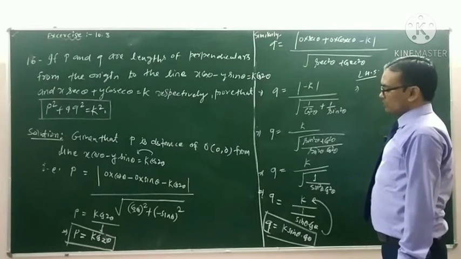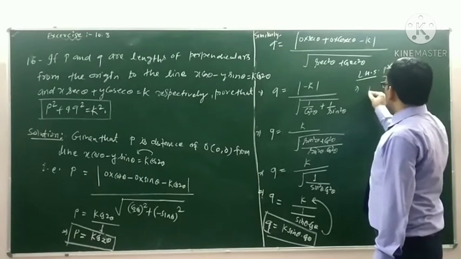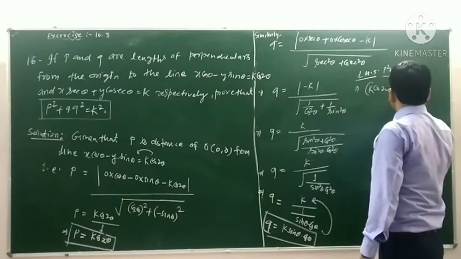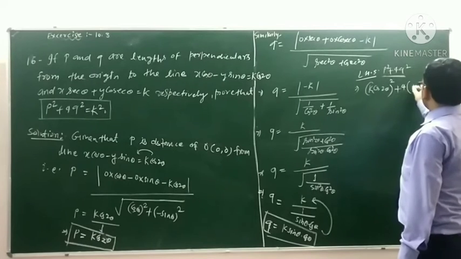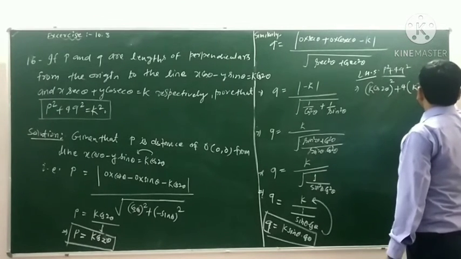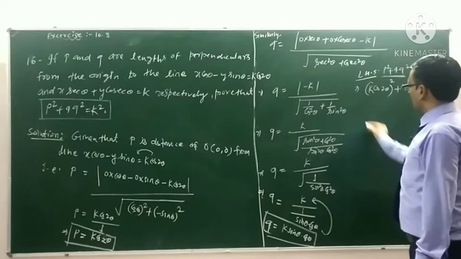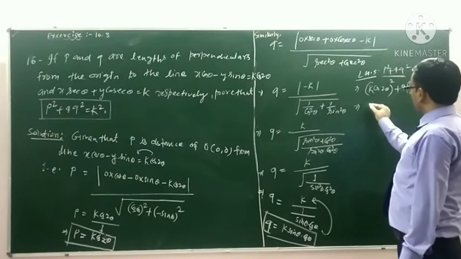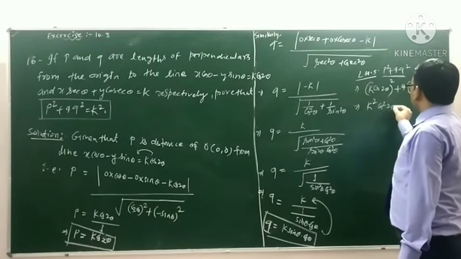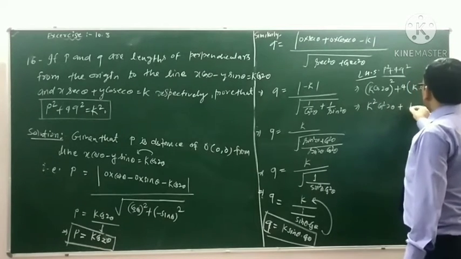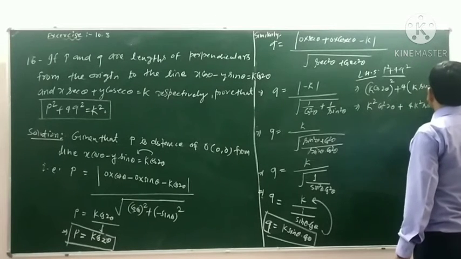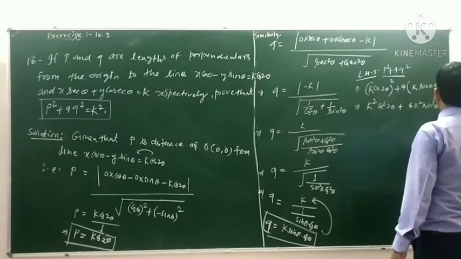P equal to k cos 2 theta whole square plus 4, q equal to k sin theta into cos theta whole square. This implies that k square cos square 2 theta plus 4 k square sin square theta into cos square theta.